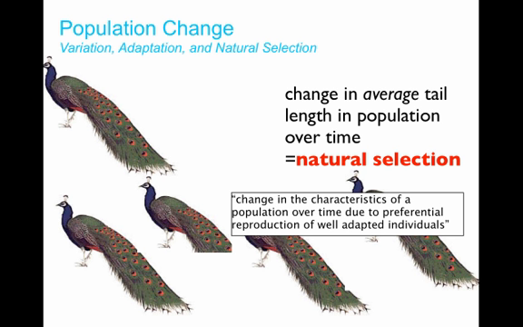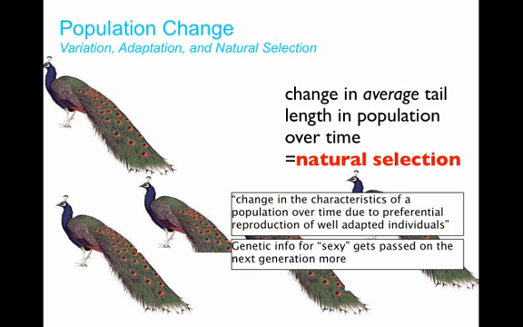In other words, we've seen a change in the characteristics of a population over time due to preferential reproduction of well-adapted individuals. And what does it mean to be well-adapted? Well, in this case, that genetic information for the more attractive, sexy long tail gets passed on to the next generation more often.